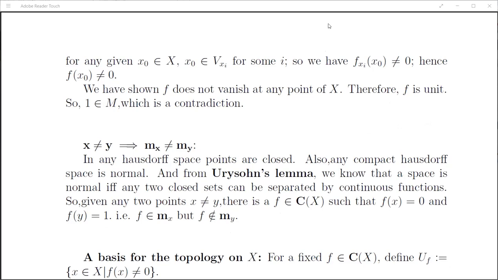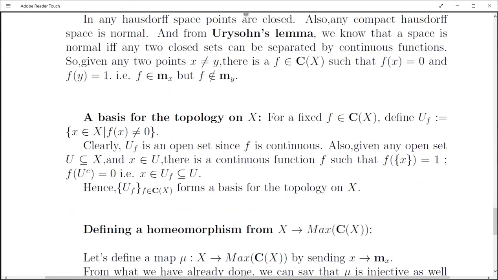Now, on the other hand, we will calculate a basis for the topology on the space X. And this is an interesting basis because this basis is defined in terms of the elements of C(X), which are basically some continuous functions.